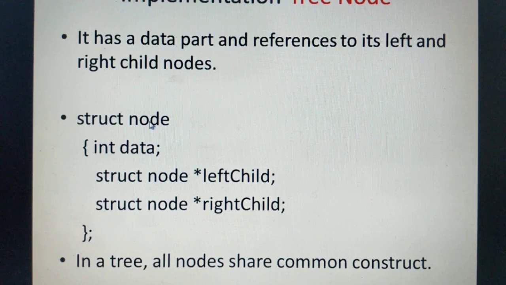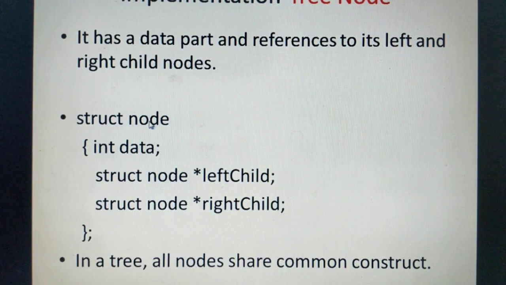We can now recall the linked list. In a linked list, we have the data part, then the address which connects to the next node, right? So there are two parts: one is the data and then the pointer address. Here, the important point is that we have a left child and a right child.